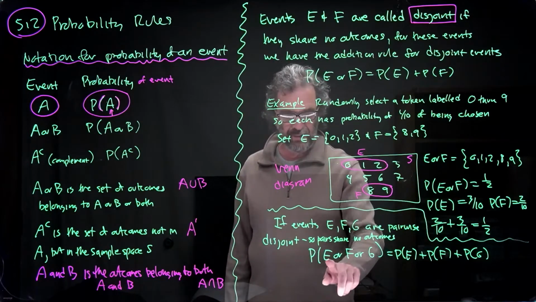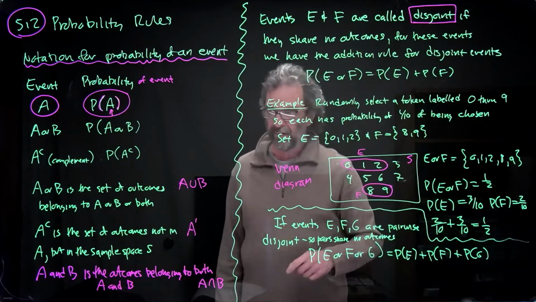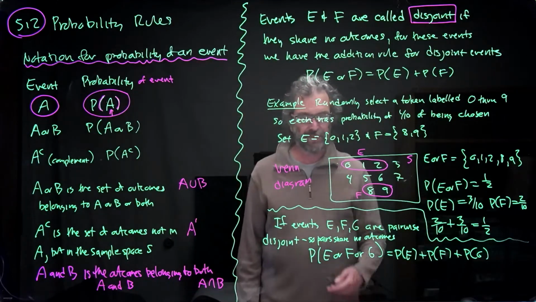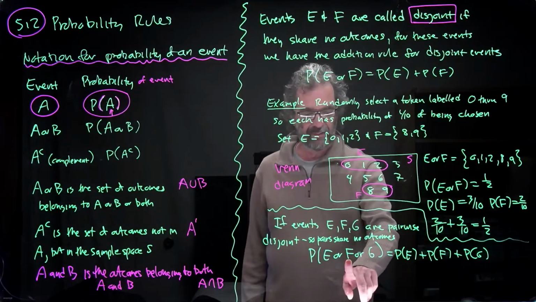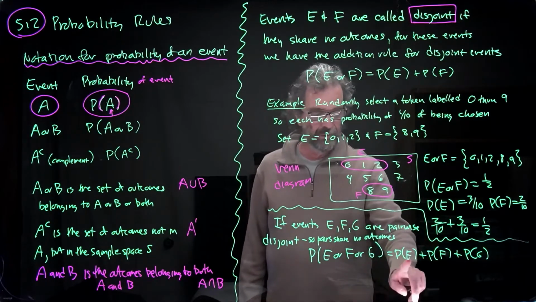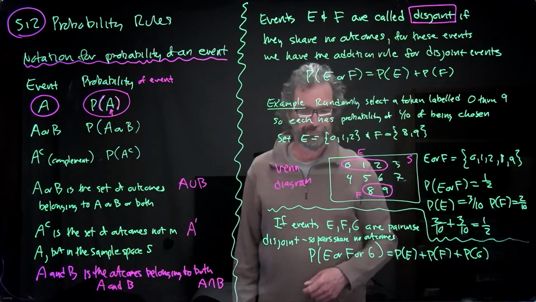Since they're disjoint, it's just the outcomes in E and the outcomes in F and the outcomes in G together. The total number of outcomes is the sum of the outcomes in each, and so the probability of the event that involves all their outcomes will be the sum of the probabilities of the events E, F, and G separately.